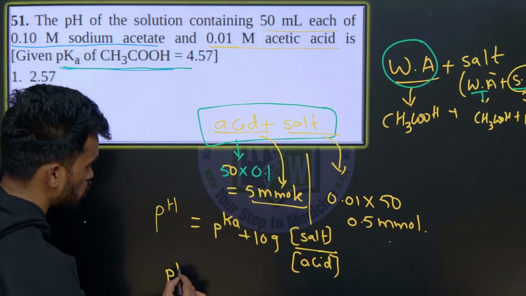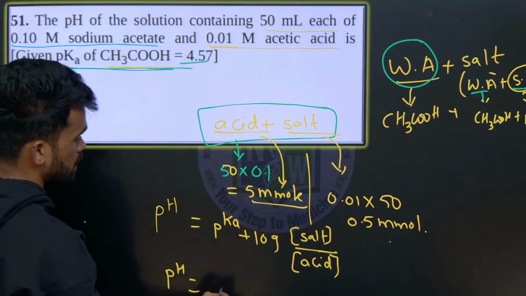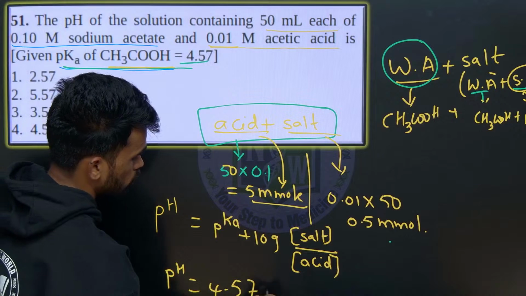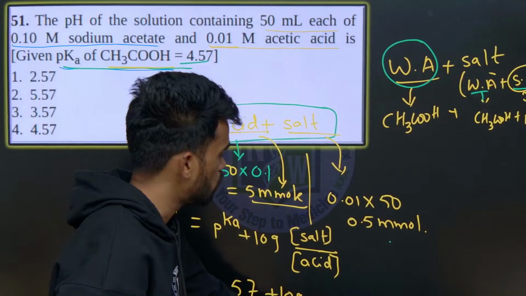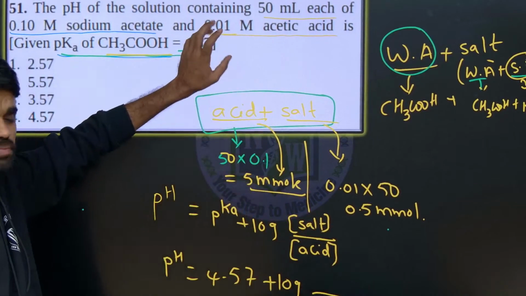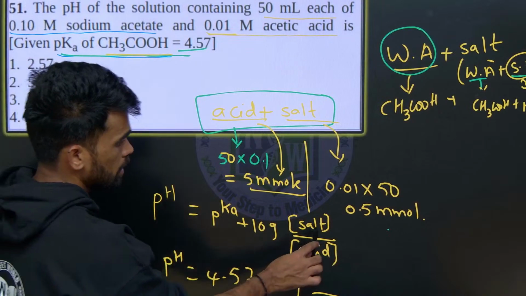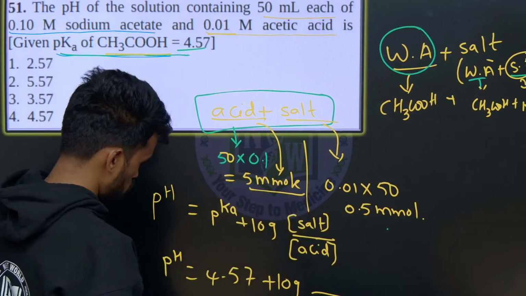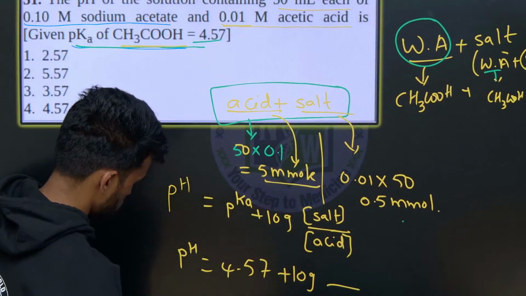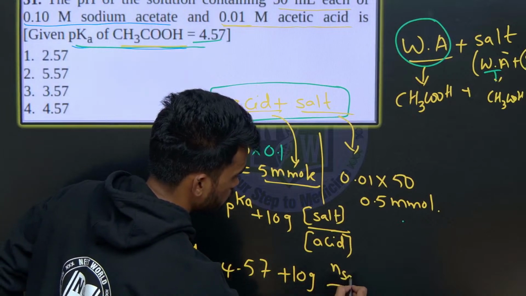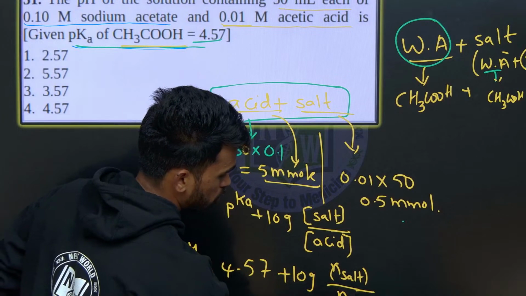Now pH equals, what is the pKa value they mentioned? The pKa value of the acid is 4.7457 plus log of concentration of salt, which we require now. Here it is given as 50 ml of 0.1 molar, so we can take the number of moles of salt by the number of moles of acid.